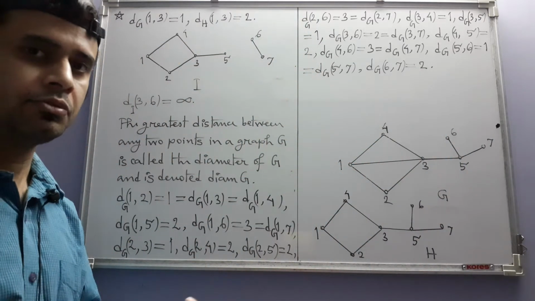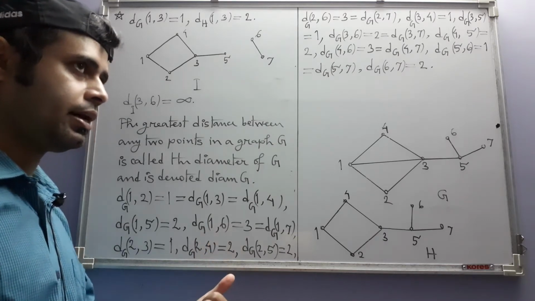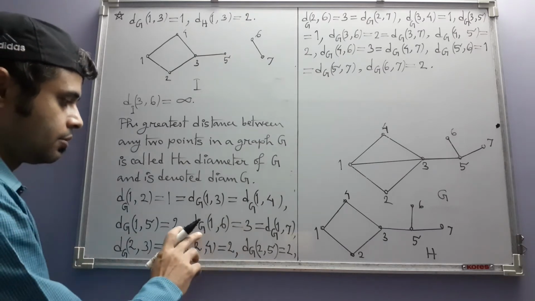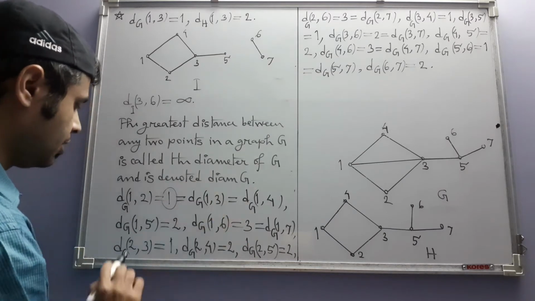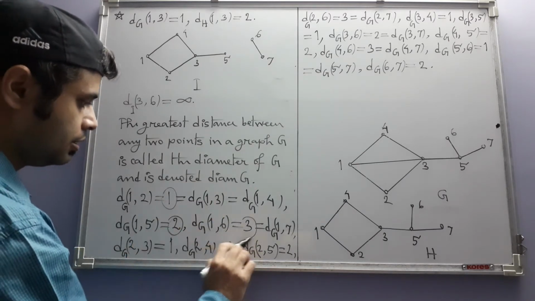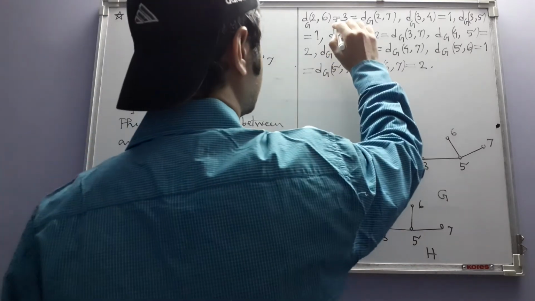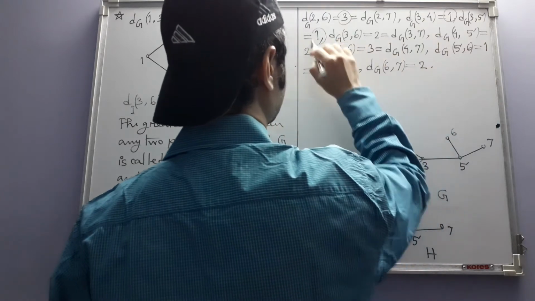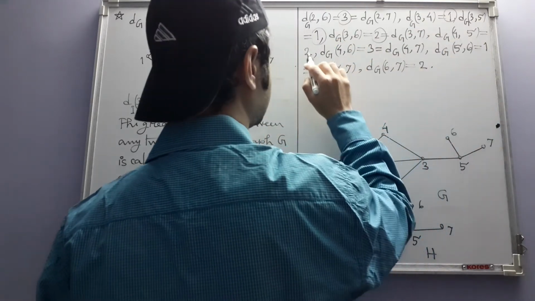Here we have the distance between any point and any other point not equal to that point. So we see that among all these values 1, 2, 3, etc., 3 is the largest. No distance exceeds 3.